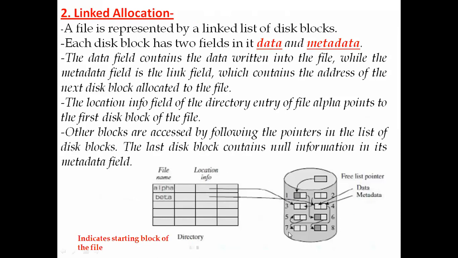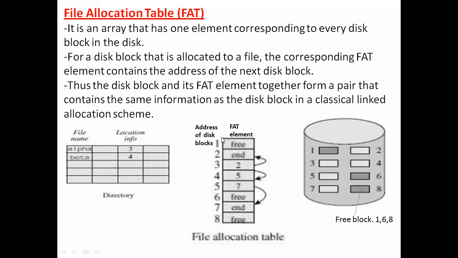The same linking arrangement of one block with another is supplied by this FAT table, which is an array of elements. These are the addresses of the disk blocks available on the hard disk, and this FAT element contains the address of the next disk block.